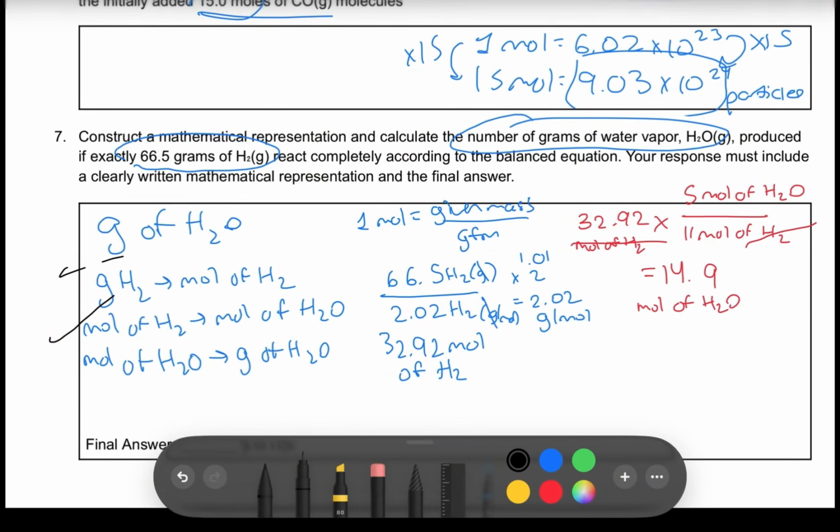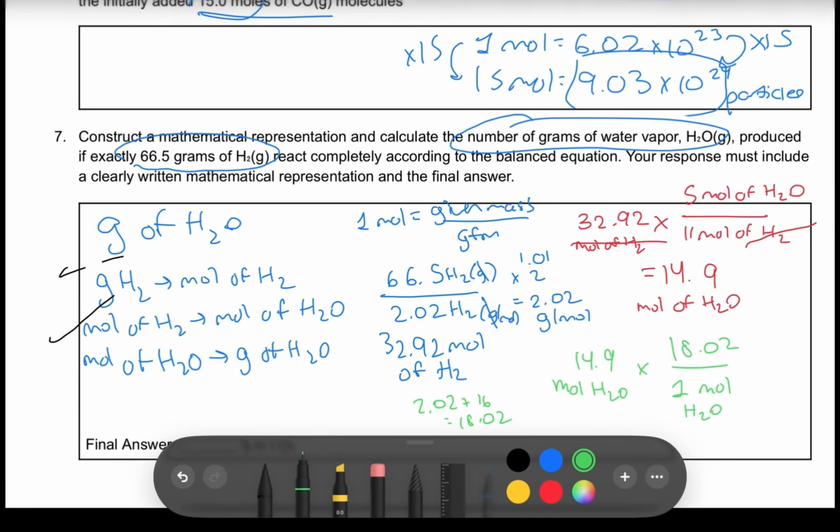And now we just convert that back into grams of H2O. So we're going to do 14.9 moles of H2O times 1 mole underneath. And then the GFM of H2O, which is 2 hydrogen, which is 2.02, plus oxygen, which is 16. That's going to give us 18.02.